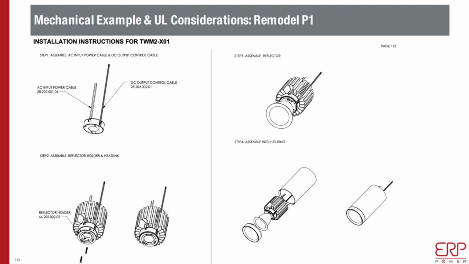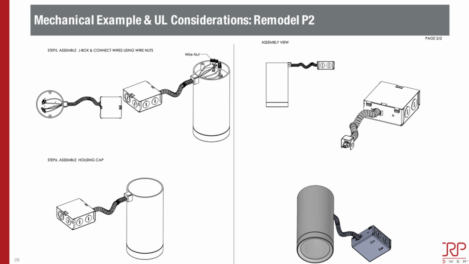So this is pretty much the same pictures that I showed you. There's a module, and it could be any one of our modules, obviously. Then you have the heatsink mounted and the reflector holder mounted, and then you're going to have the reflector mounted, and then the top cover lens. Essentially, you're going to have the fixture right at the bottom right corner.